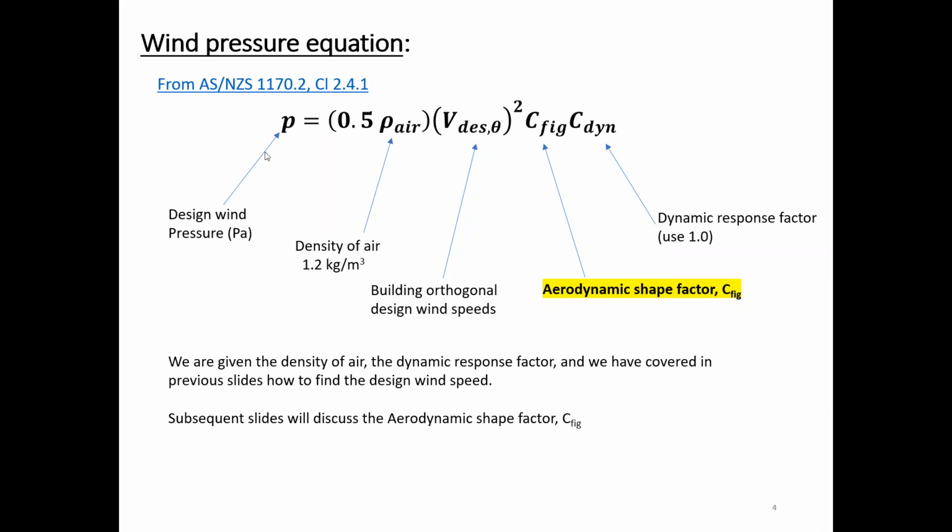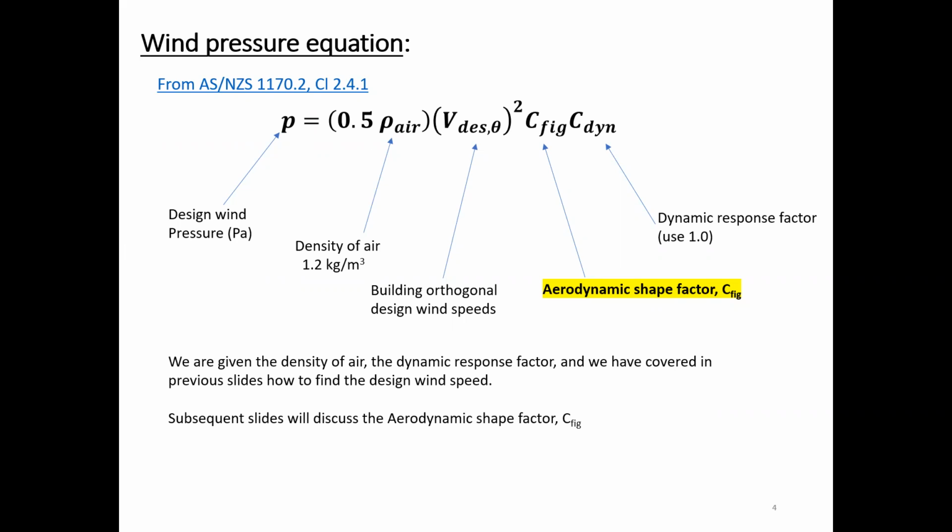Once you've done that, I want you to do the wind pressure calculation twice, once for the windward wall and once for the leeward wall. Remember, you've got 0.7 for the windward wall and negative 0.5 for the leeward wall. You can use this formula now to get the design wind pressure on the windward wall and leeward wall.